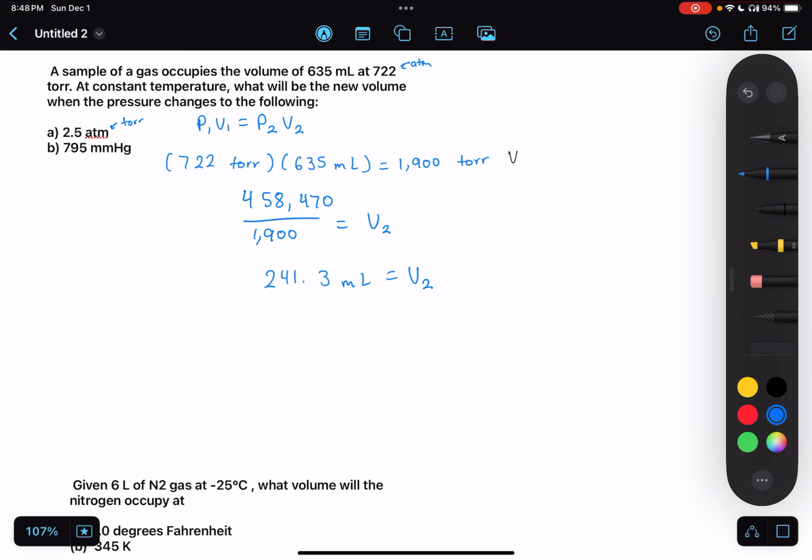All right, next we got to do part B, 795 millimeters of mercury. Now, 1 millimeter of mercury is equal to 1 torr. So pretty sure it should be the same.